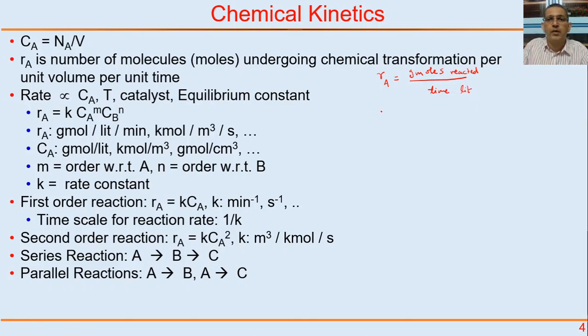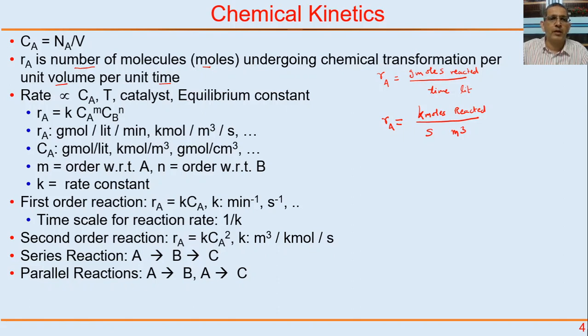Or if you like SI units, it could be kilomoles per unit time, second, per unit volume, meter cube. So that's our rate of reaction. That's what we mean by rate. It is number of moles, if you like, undergoing transformation per unit volume per unit time. That's how we are going to define rate in the whole course that we are going to do.